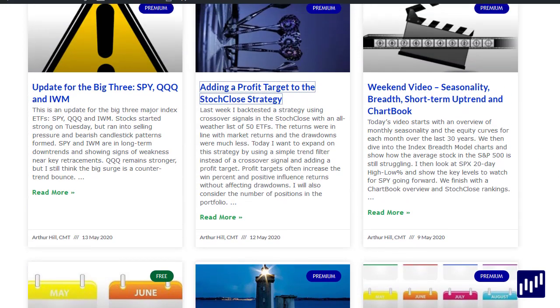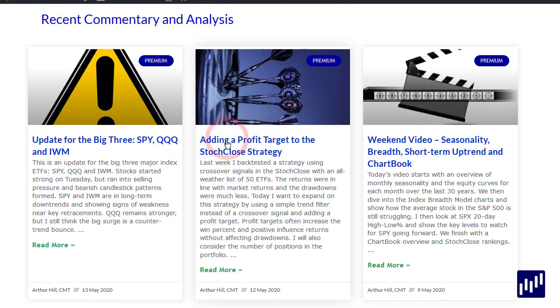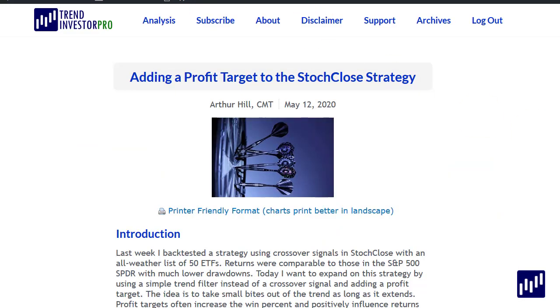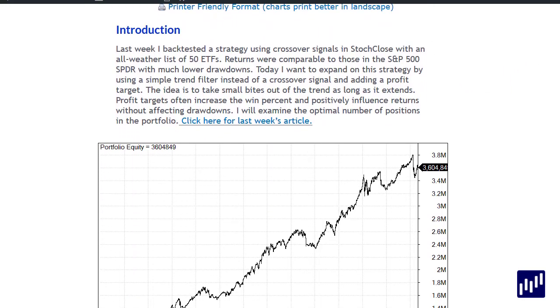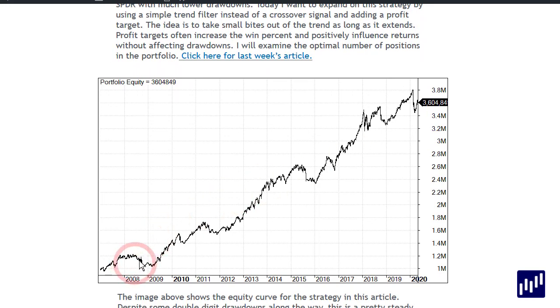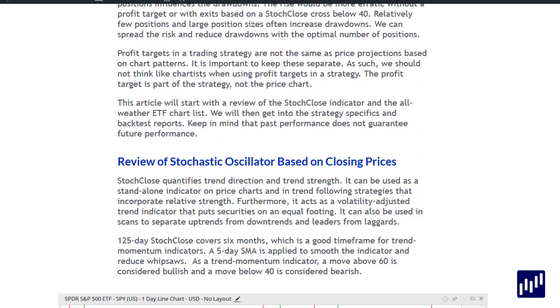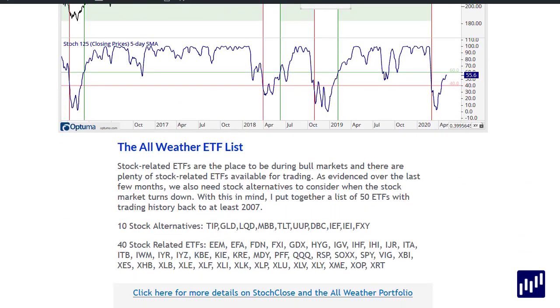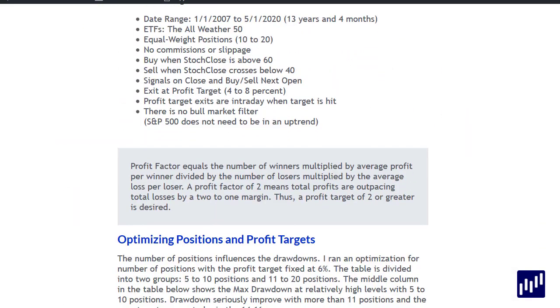Another one I want to point out is that a profit target can really help your equity curve. This was an article where I back tested a strategy, and there's the equity curve for that strategy. You can see the drawdowns that we're getting, and drawdowns are going to happen, but it's a very nice and steady equity curve. What helped this equity curve was adding a profit target.